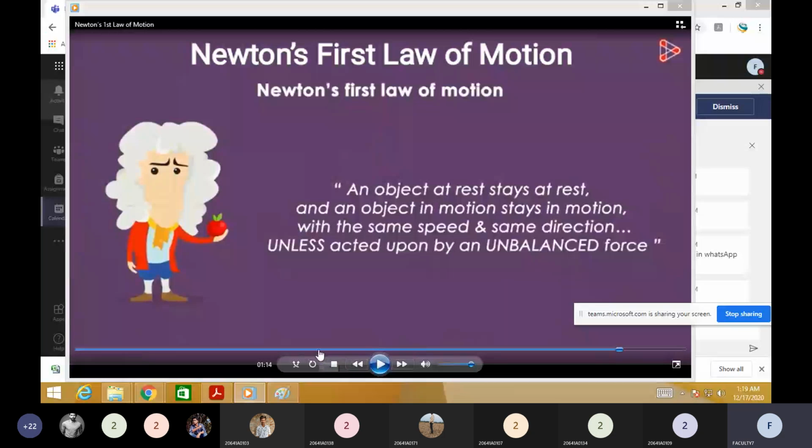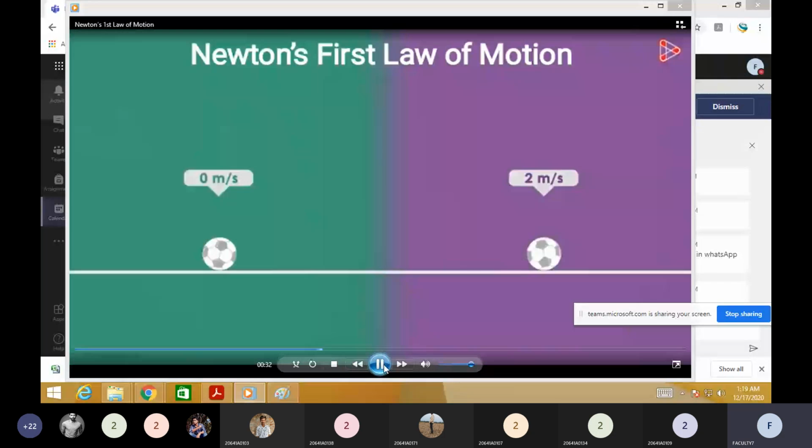So what was the example we had seen here? If the body is at rest, it will remain as it is. If a body is in motion, it will remain as it is, unless you apply an unbalanced force, then only will the object change. That is what you need to observe regarding the definition.